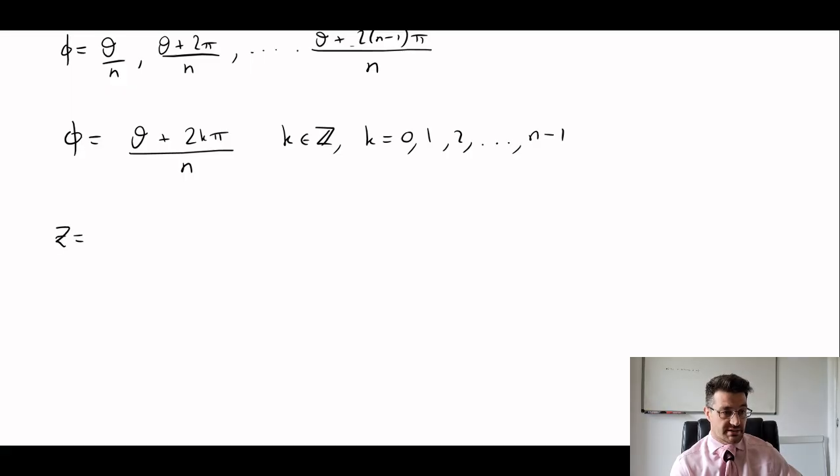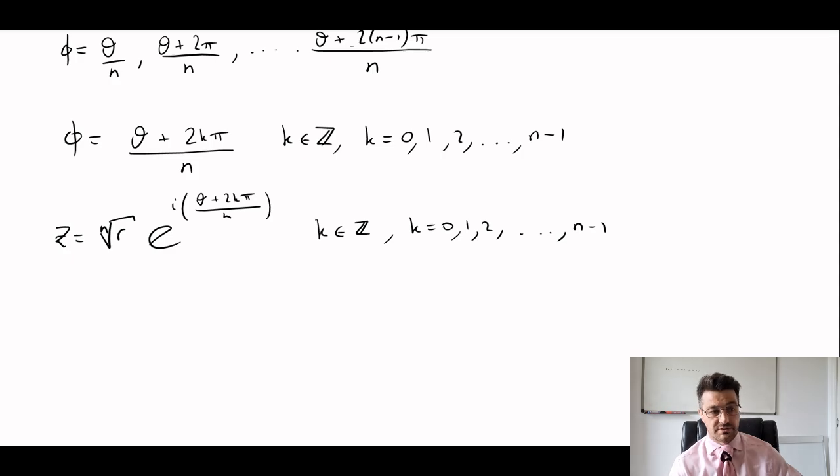So we get z is equal to the nth root of r, e to the i theta plus 2k pi over n, for, again, k an integer, k equals 0, 1, 2, up to n minus 1. Okay, that's it. They're my nth roots for this complex number.